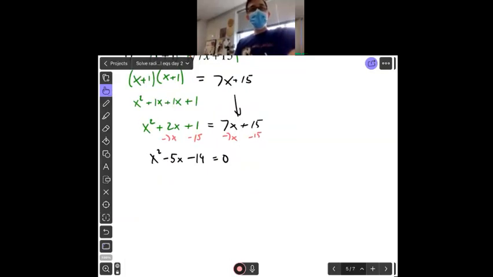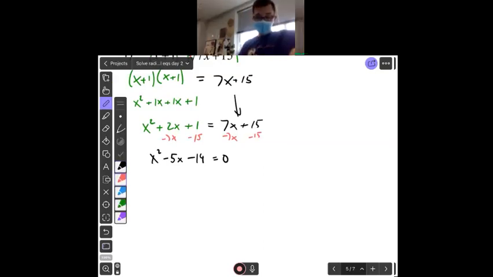And you're like, oh, okay, let's do some AC method on there. None of the factoring you guys are doing today should be high level factoring. It should be some pretty easy AC method factoring. A times my C is negative 14, negative 14 to give me negative 5. So Natalie, what would our factors of negative 14 that give me negative 5 be?